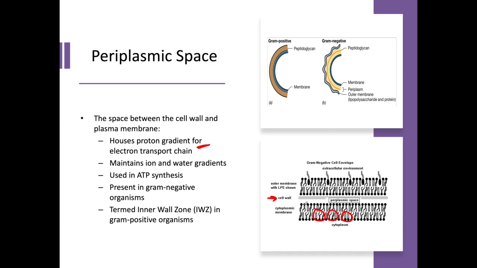And so they're going to need somewhere to house protons in order for the electron transport chain to properly function. It's also responsible for maintaining ionic and water gradients. That electron transport chain, these two are related here. ATP synthesis is because of an electron transport chain. We find periplasmic space in gram-negative organisms and an inner wall zone in gram-positives.